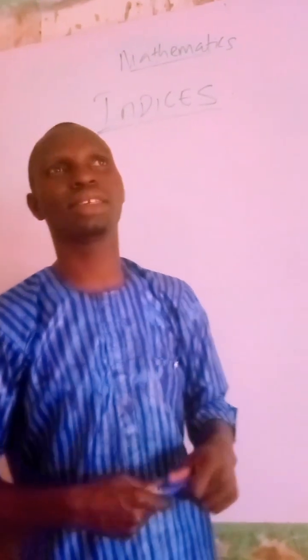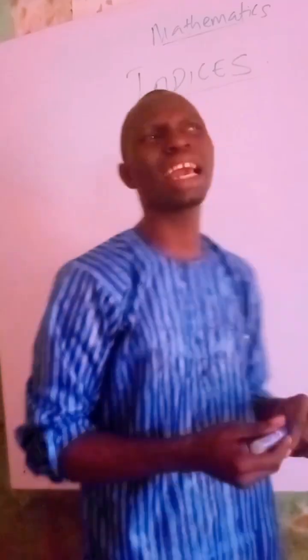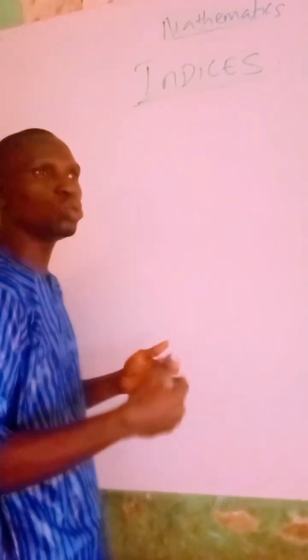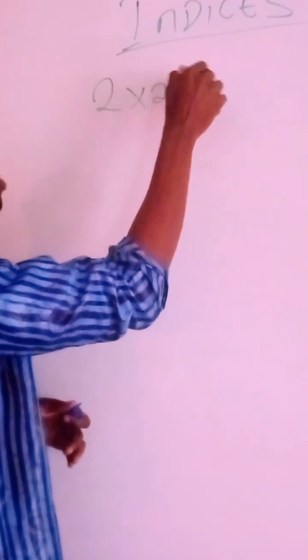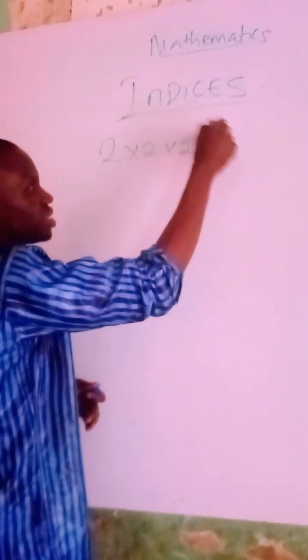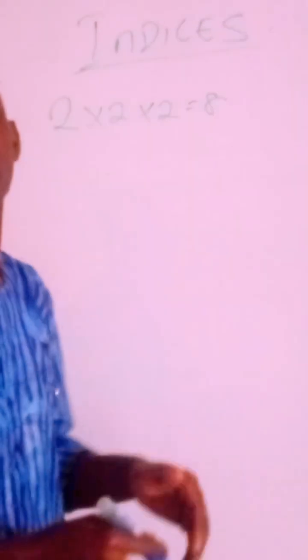Let's take for instance, I want to multiply 2 three times. That will give us 2 times 2 times 2, which is 8. We are multiplying 2 three times.